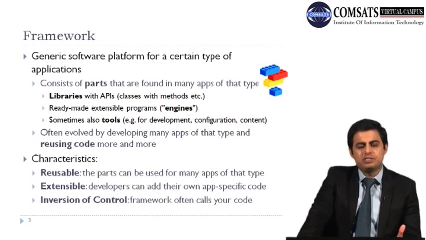So these were the main features of the frameworks, and there are some characteristics of frameworks too, which is of course reusability, which I just told you, and then there is extensibility. You can add something onto the framework, you can add some features to it, you can take some features from other frameworks and append them to a particular framework.